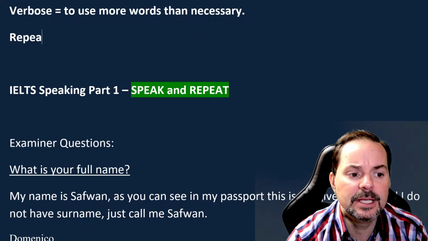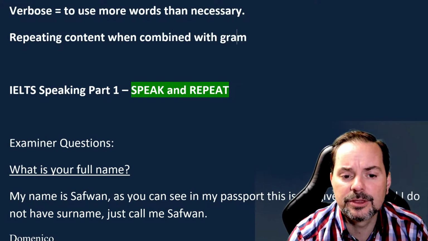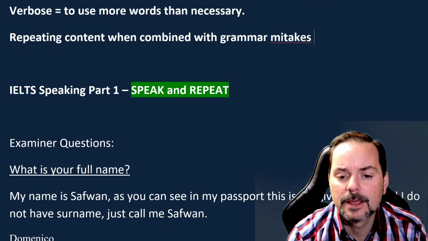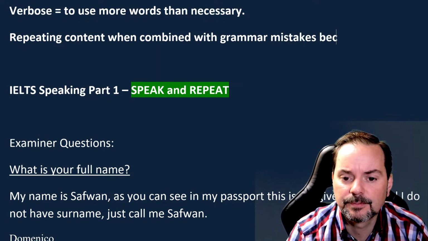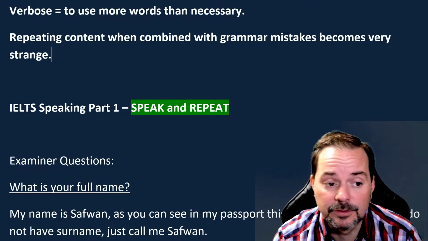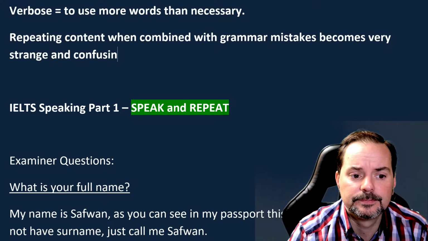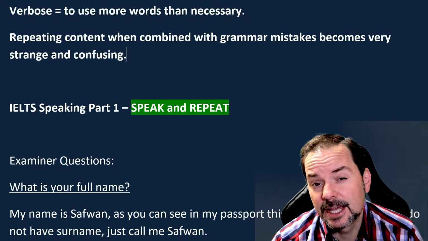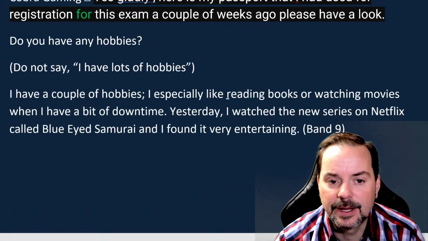So repeating content when combined with grammar mistakes becomes very strange, and confusing. And that will certainly lower your score. Okay, so instead make self-corrections, right, if you make a mistake.